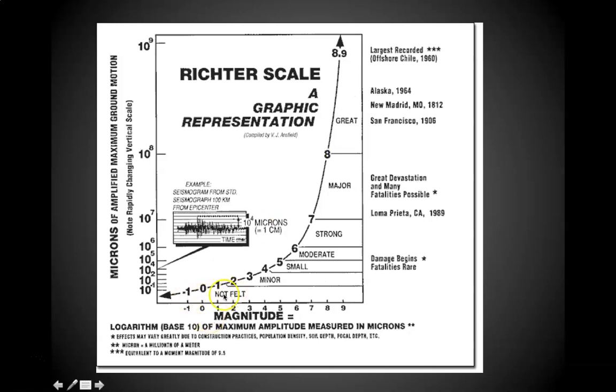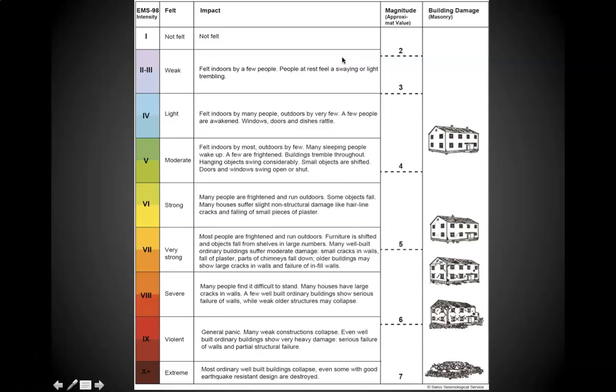So down here would be minor Richter scales or minor earthquakes. Up here at the top would be more major ones that cause a lot of damage. And just to show you what that would look like, once again, smaller intensity would give us very little damage.